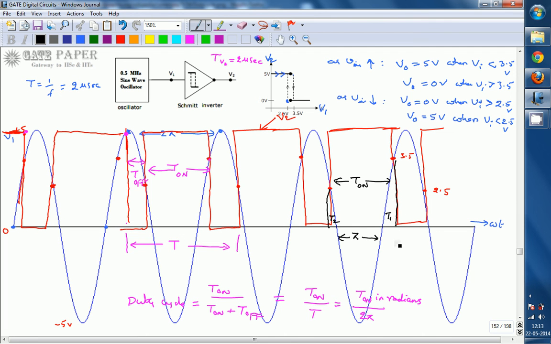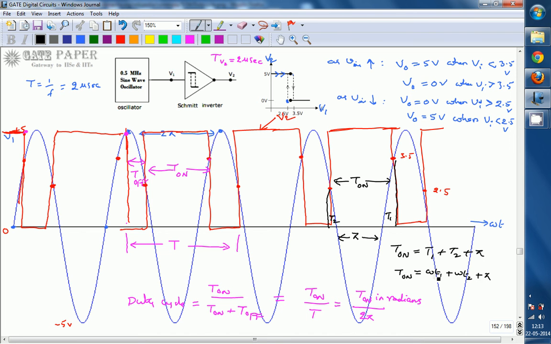So T on is equal to T1 plus T2 plus pi radians. All those things are going to be in radians, so to be precise, it is omega T1 plus omega T2 plus pi. So this is what T on is.